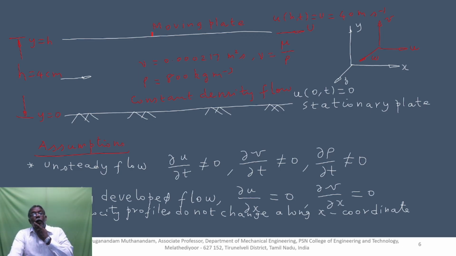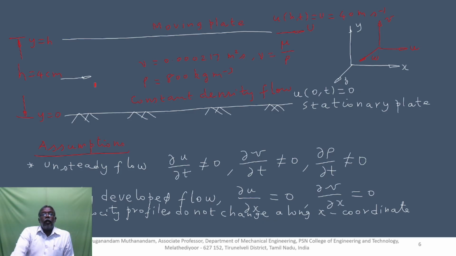If the upper plate is stationary, there is no flow. The cause of the flow is the moving plate. If the moving plate velocity is 0, then there is no flow. In which direction is the plate moving? In the x coordinate direction. Hence, the flow is also in the x coordinate direction. There is no flow in y direction or z direction. That is why the arrow is given like this.